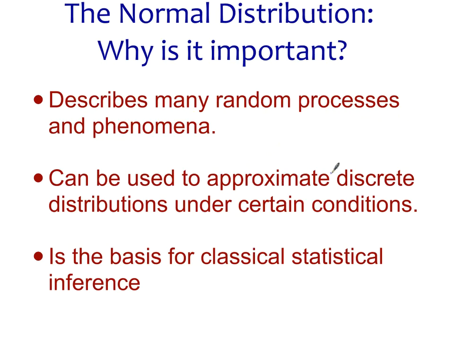Secondly, we can use the normal distribution to approximate discrete distributions if certain conditions are true, and we'll look at that in class, not in this video. But the big one that we're going to look at in a future lesson is that the normal distribution is the basis for classical statistical inference.